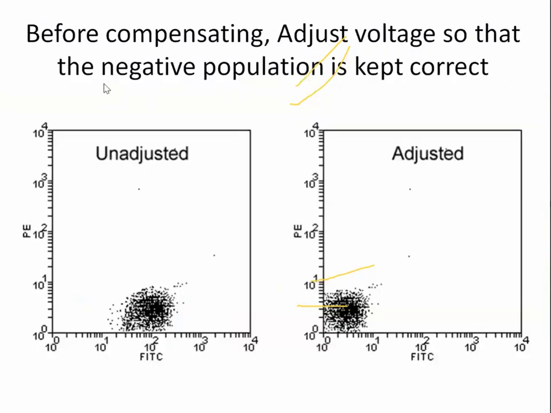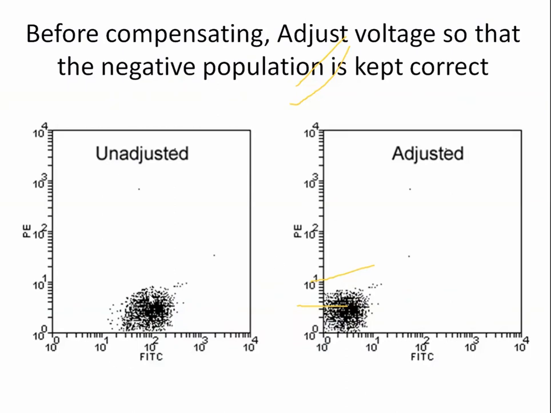Before compensating, adjust the voltage so that the negative population is kept right. That is the reason I told you, you should have a bimodal population. When you are compensating, your control should have both a negative population as well as a positive population.